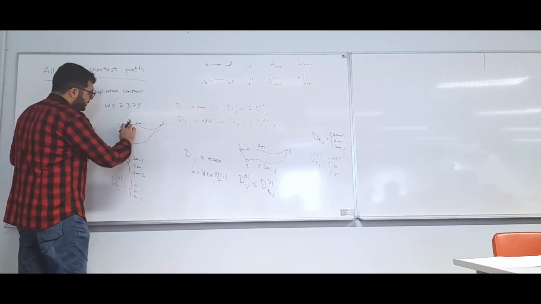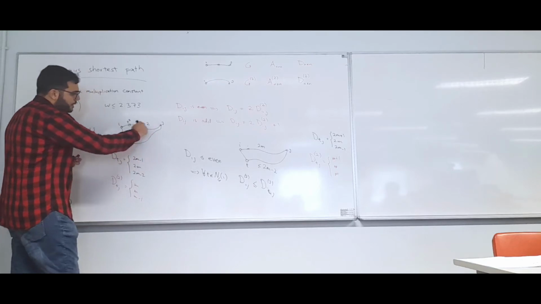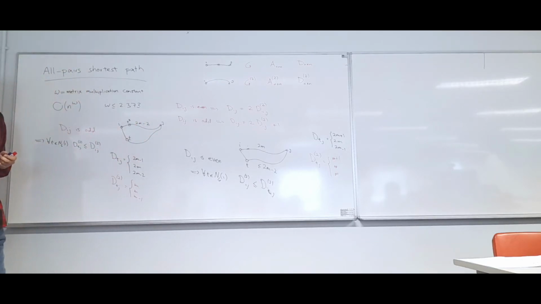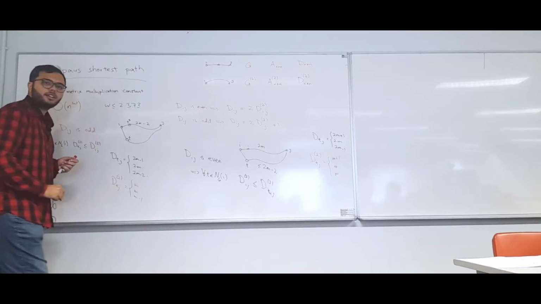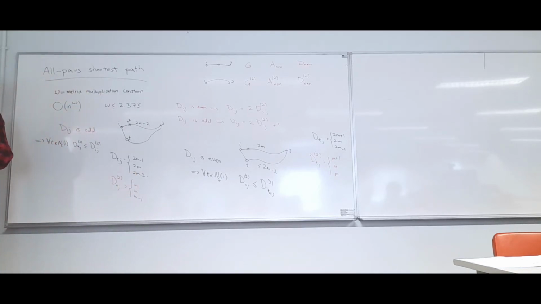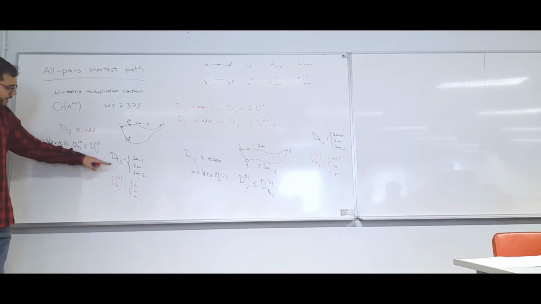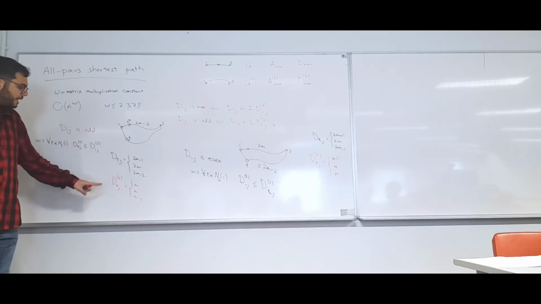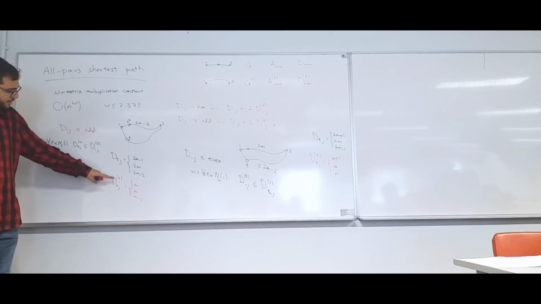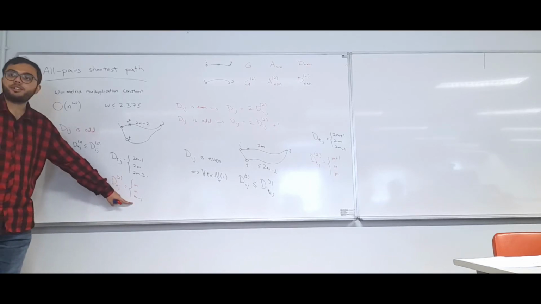I know that from t star to j, I have 2m minus 2 edges. Right? So t star is in this case. So I know that there should be at least one neighbor of I that has distance 2m minus 2. So there should be at least one neighbor such that the distance in this second graph is m minus 1.